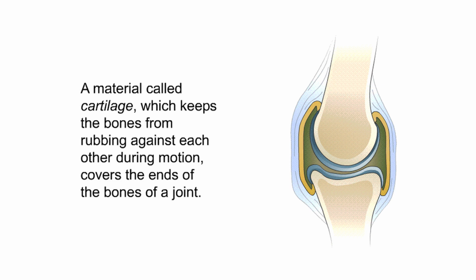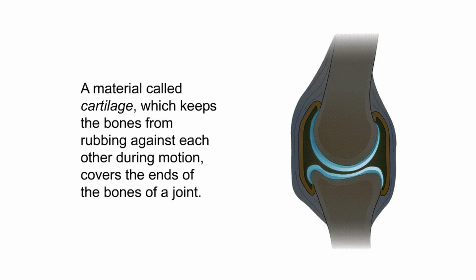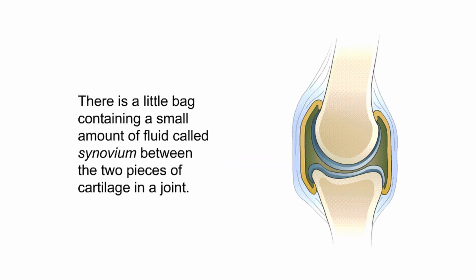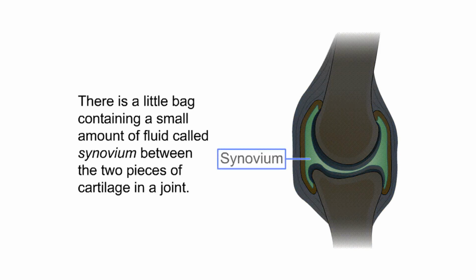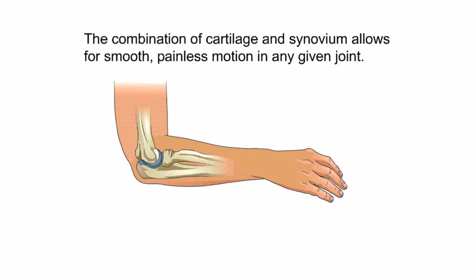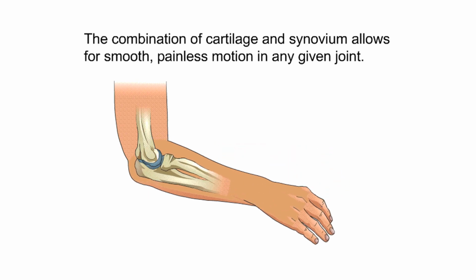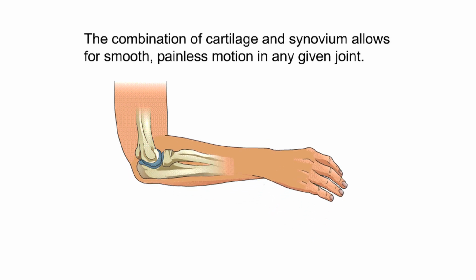A material called cartilage, which keeps the bones from rubbing against each other during motion, covers the ends of the bones of a joint. There is a little bag containing a small amount of fluid called synovium between the 2 pieces of cartilage in a joint. The combination of cartilage and synovium allows for smooth, painless motion in any given joint.